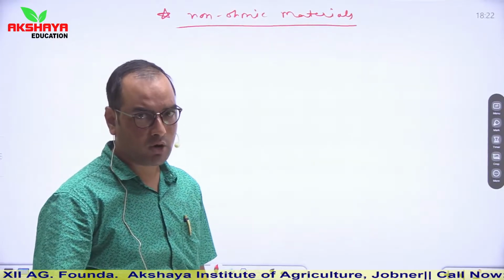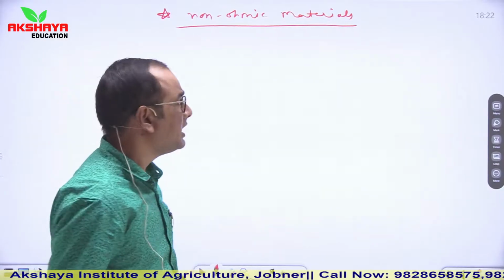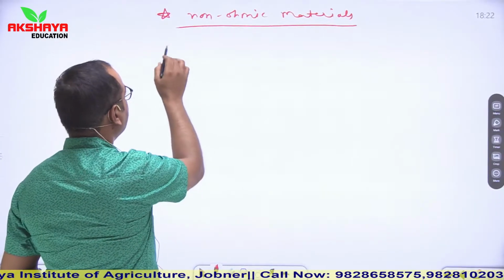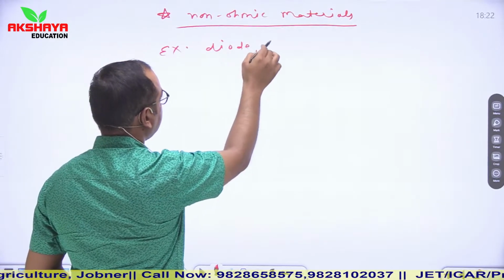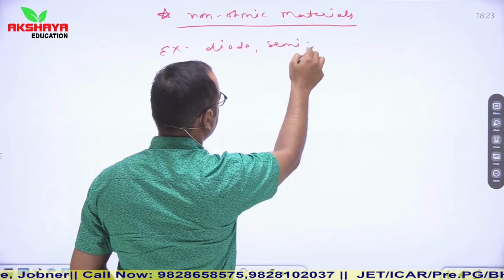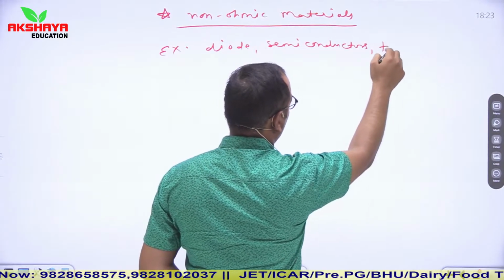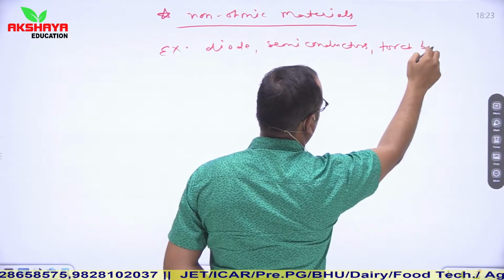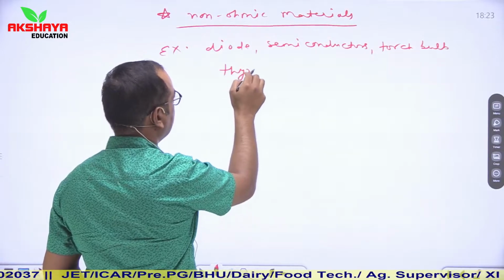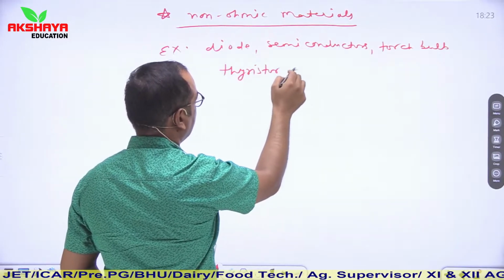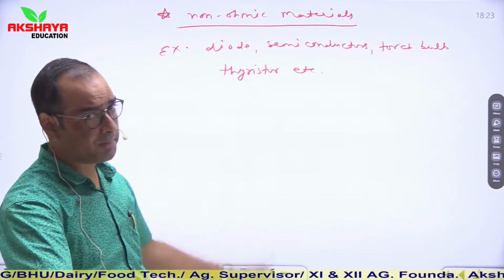In these conductors, the graph is not a straight line, like diode, semiconductors, torch bulb, thyristor, etc. So these are some non-ohmic materials.